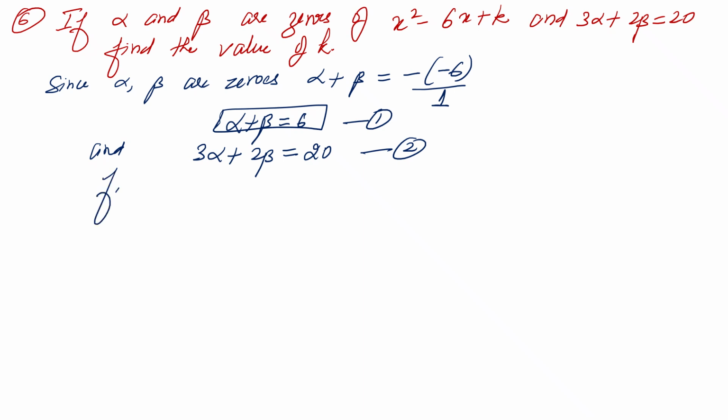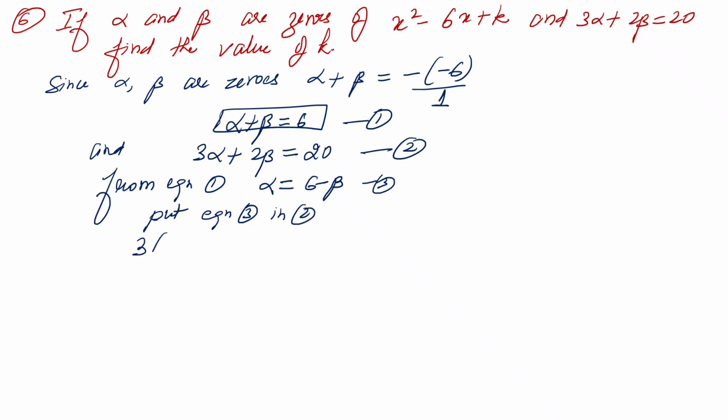तो हम क्या करेंगे, यहाँ पे इन दोनों इक्वेशंस को सॉल्व करेंगे. So हमने लिखा from equation 1 alpha can be written as 6 minus beta, and now let this be 3, put equation 3 in 2.